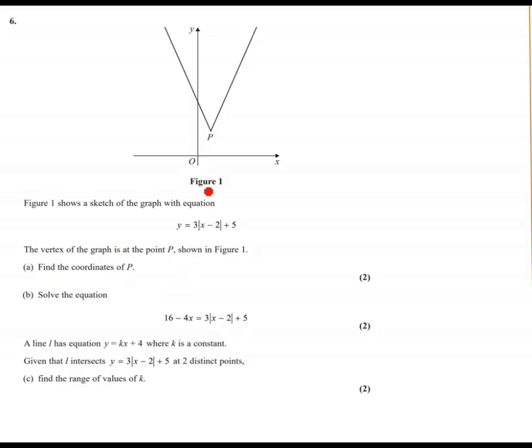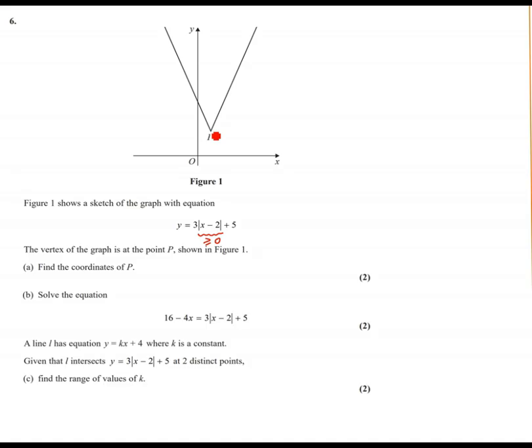Okay, so the quickest way to work out the coordinates of P, so this is a modulus function. It makes everything positive. So whatever value of x, this will come out as positive, or at minimum it can be 0. So it will be greater than or equal to 0.